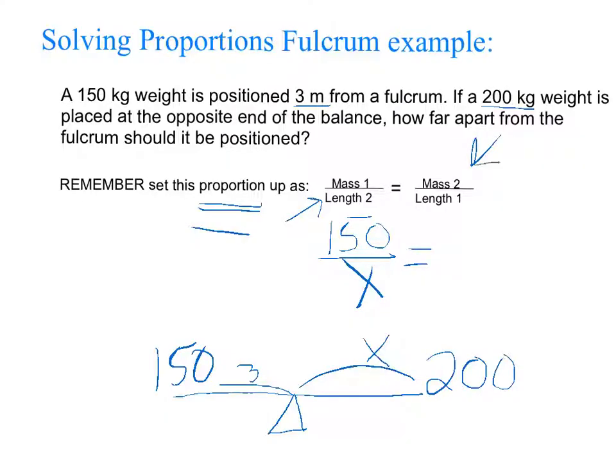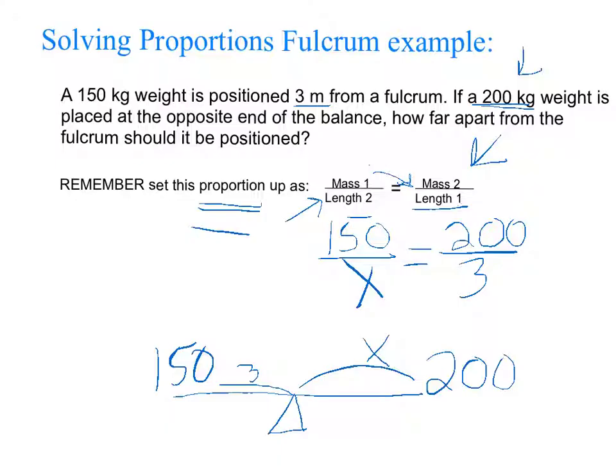Then you take the mass of your second object, and that mass is 200. And you set that over how far away your first weight was, your first object. And that, if I look, was 3. So now that I have this set up, I can solve my proportion.